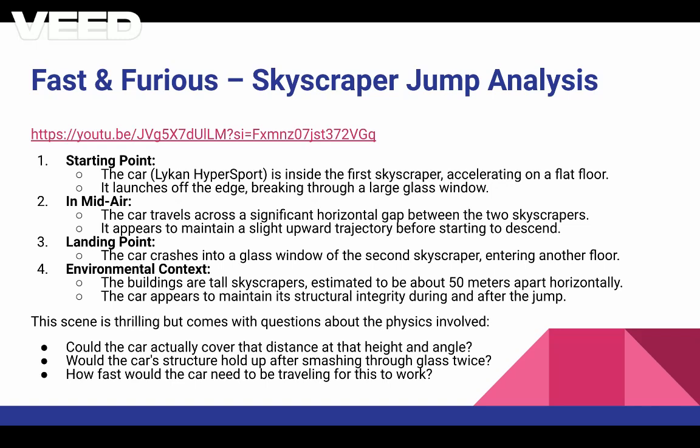The car then goes into mid-air and travels across a significant horizontal gap between the two skyscrapers. It appears to maintain a slight upward trajectory before starting to descend. With the landing point, the car crashes into a glass window of the second skyscraper, entering another floor.